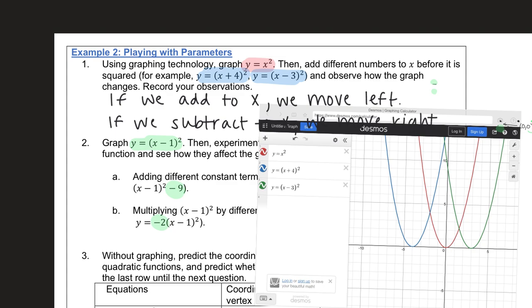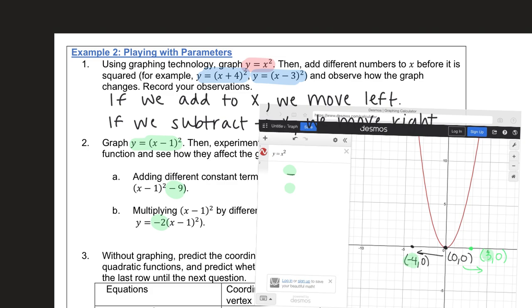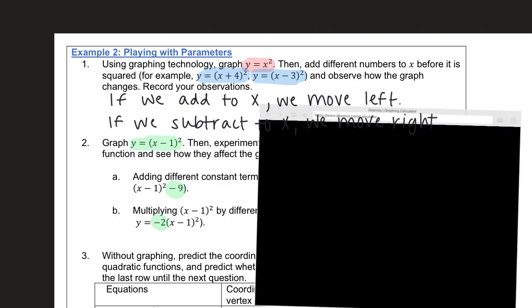I'm going to remove those, and we are going to start with the (x − 1)², so we need our parentheses.